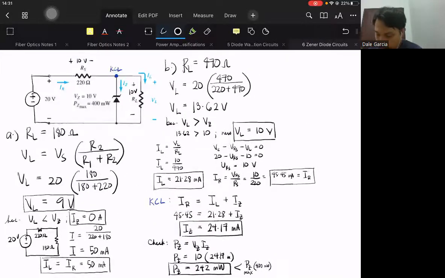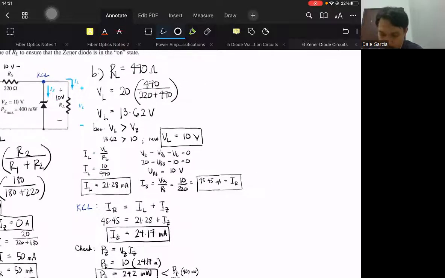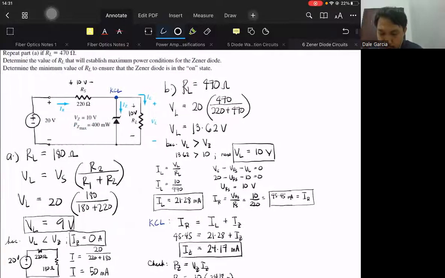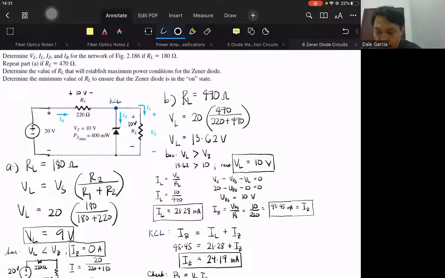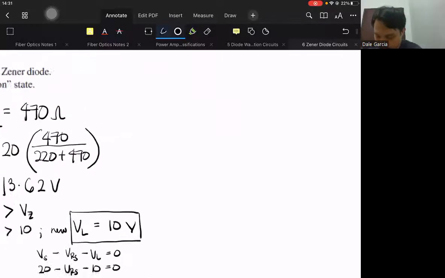So that's for B. How about for C? Determine the value of RL that will establish maximum power conditions for the Zener diode.